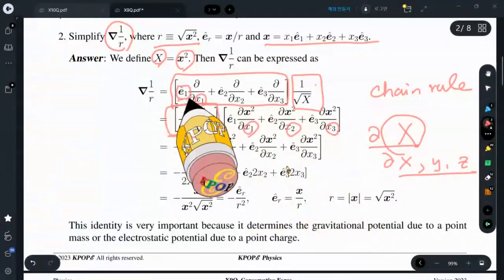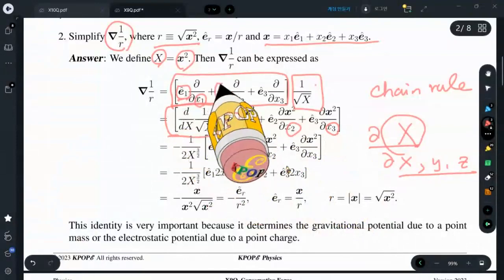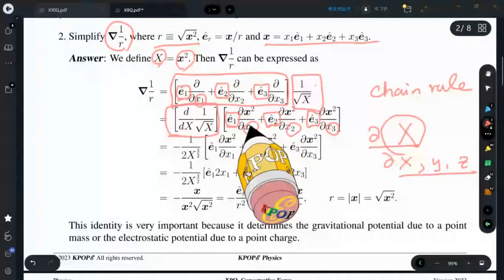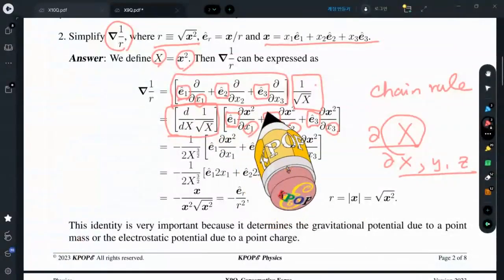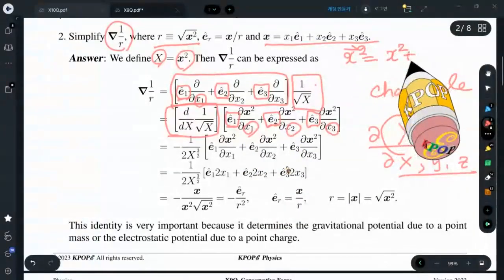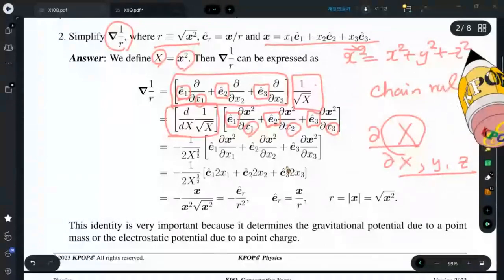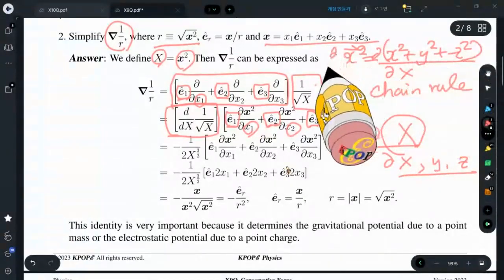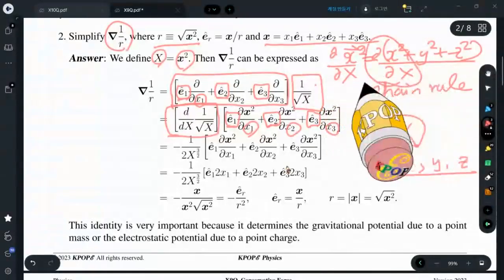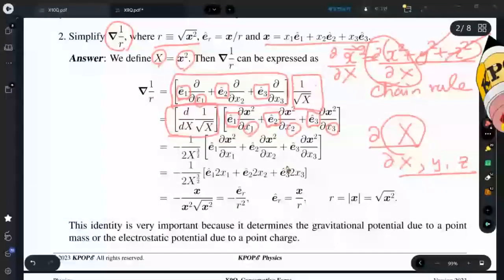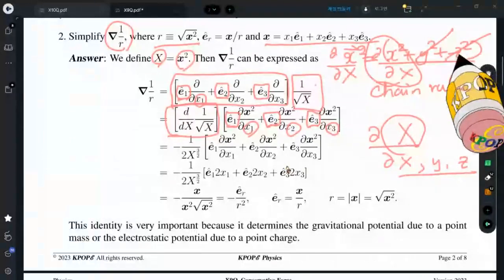And then I have to multiply the unit vectors e1, e2, and e3. By the way, this x vector squared is x squared plus y squared plus z squared. So if I take the derivative with respect to x, what I have is only this component. The partial derivative with respect to x kills everything that is independent of x.